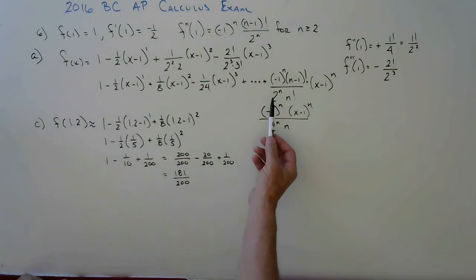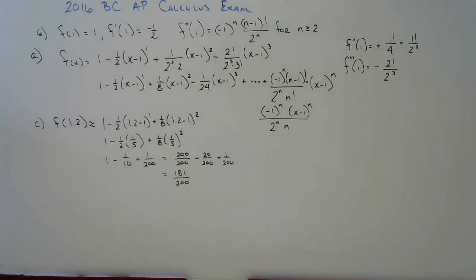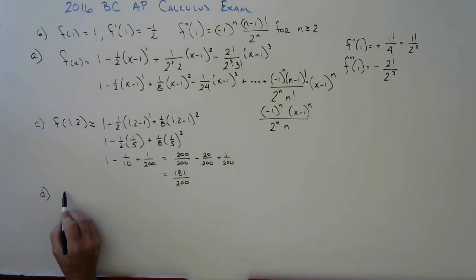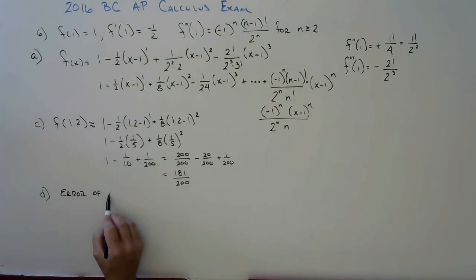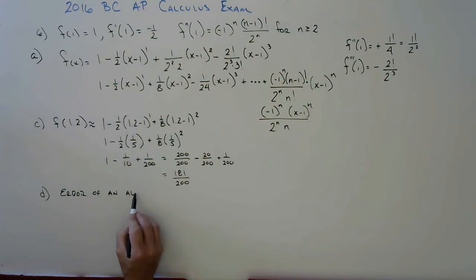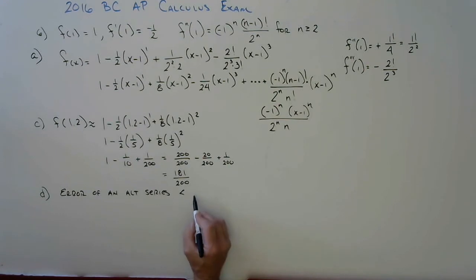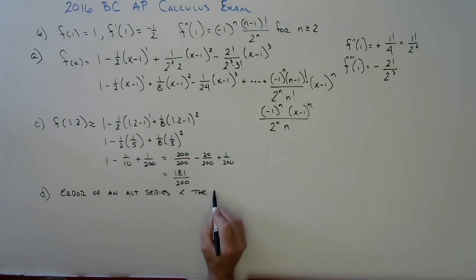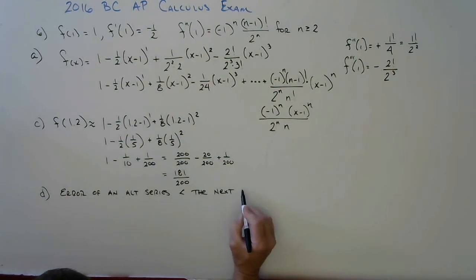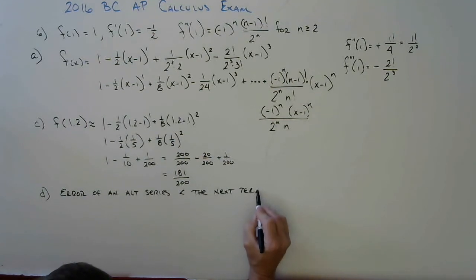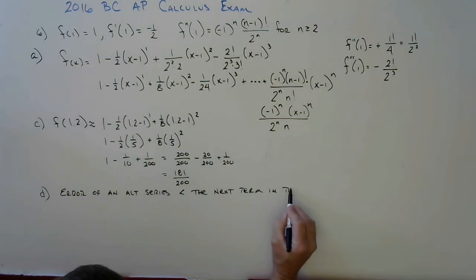And what do we know about the error bound for an alternating series? We know that the error of an alternating series is less than the next term in that series.